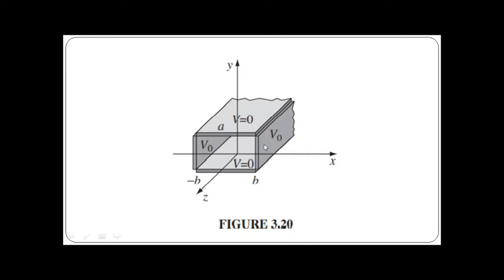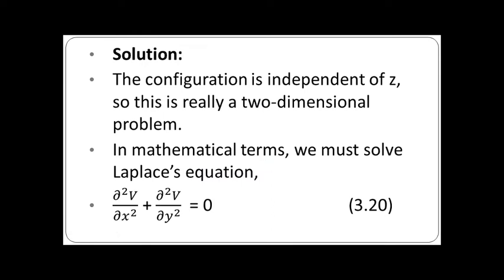Here the third and fourth boundaries are finite, that means x is equal to either plus b or minus b. You have to find the potential function in this region of space, which is a function of x and y, and hence this is a 2 dimensional problem. The configuration is independent of z, so this is really a 2 dimensional problem.